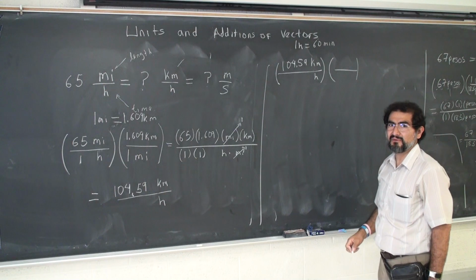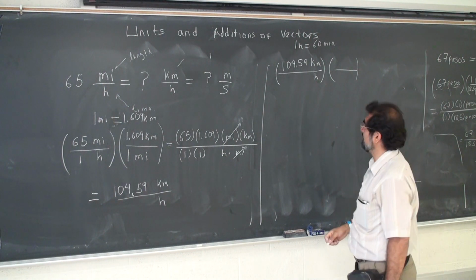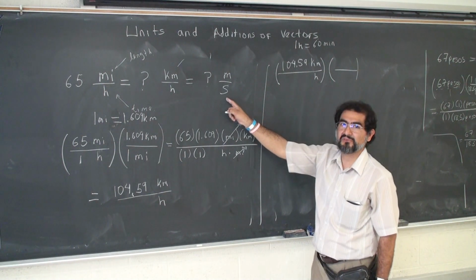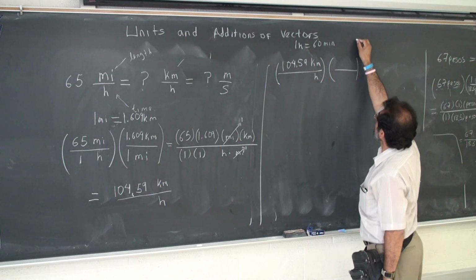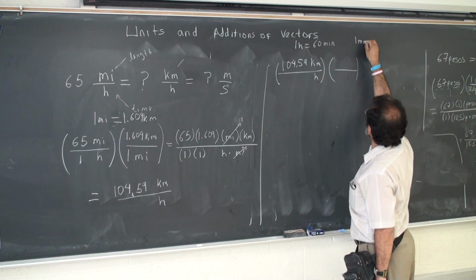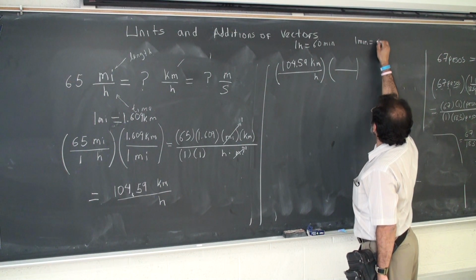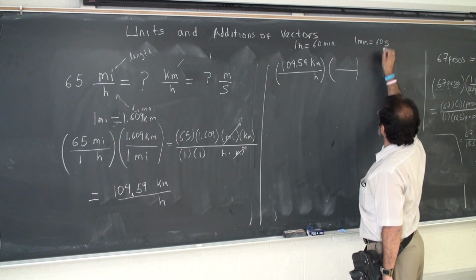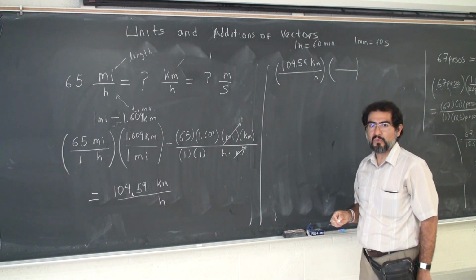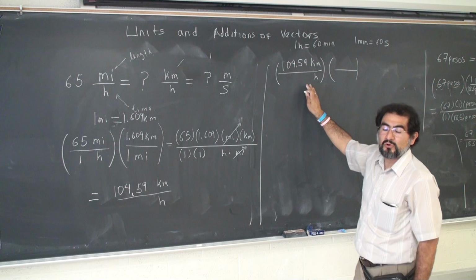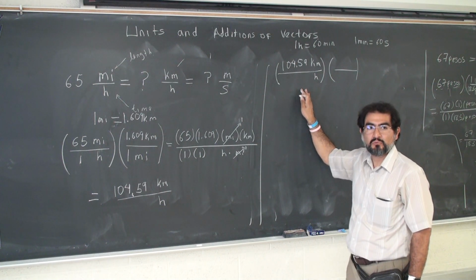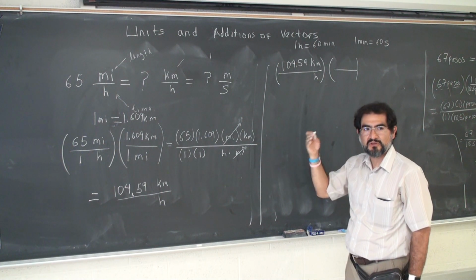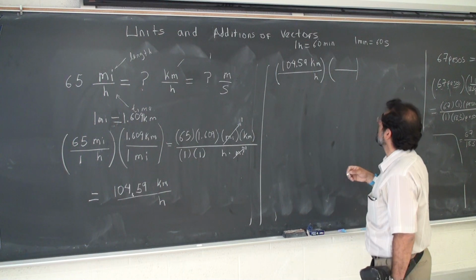Oh wow, that looks a little bit difficult because we are looking for seconds. And we have that 1 minute has 60 seconds. That is how powerful this technique is, guys. We can make several transformations, one after another.